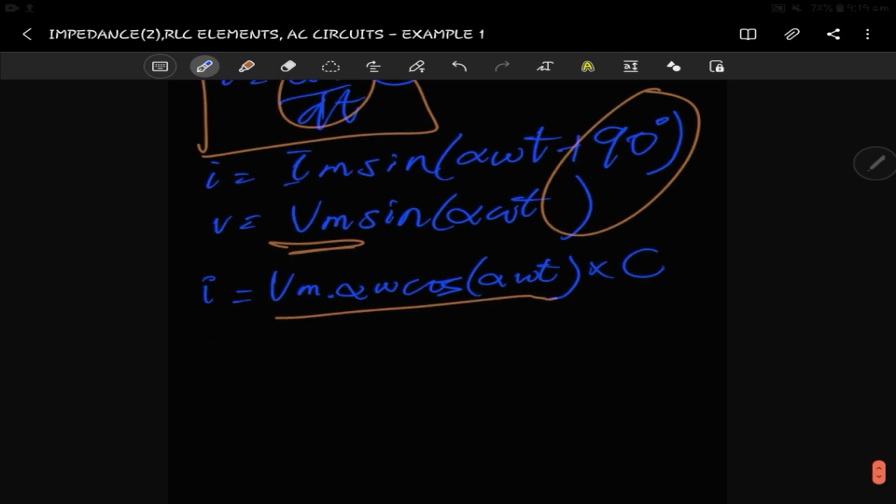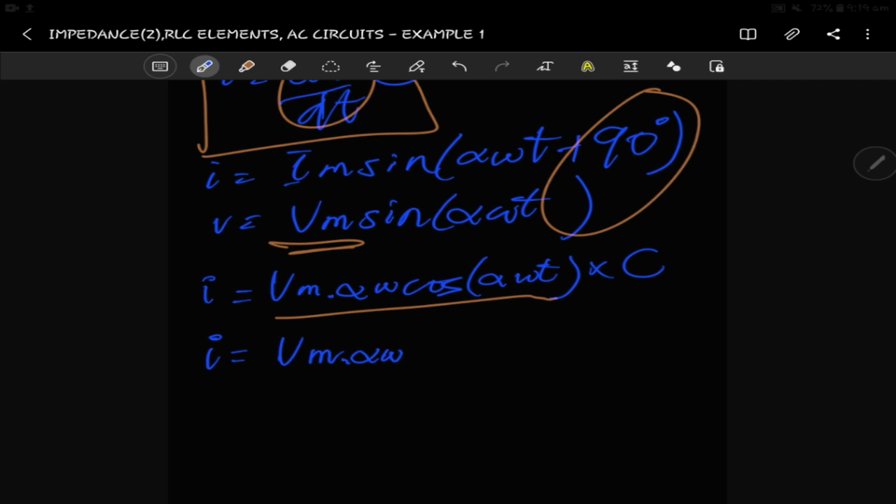Because everything is in sine, I want to represent everything in sine. One way to write this will be I is equal to V M, and then we have the angular frequency.